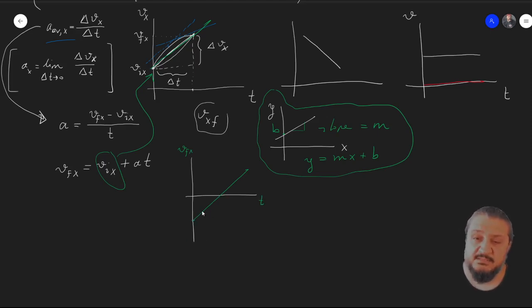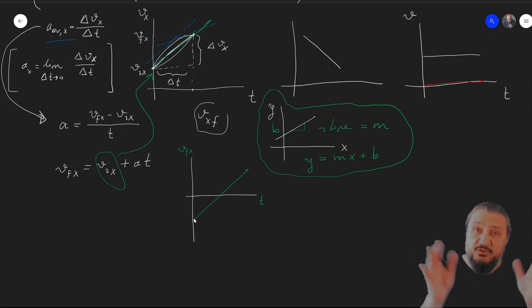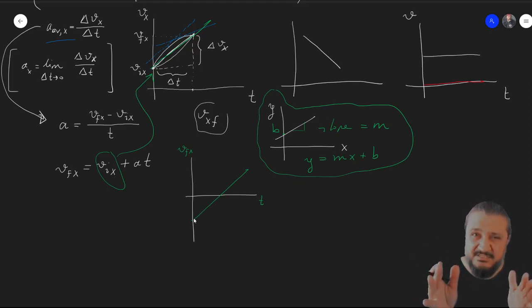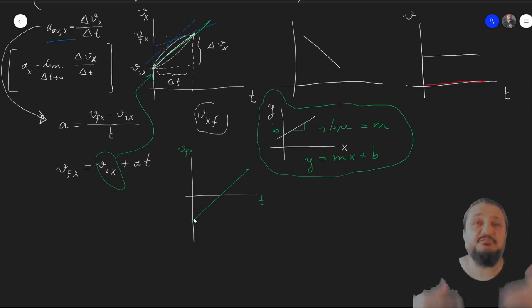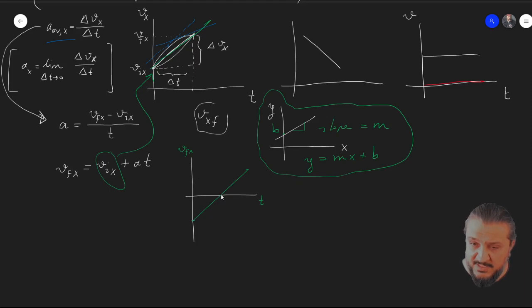So what's happening here? When you start your stopwatch, you were already moving in the negative x direction. That's what negative velocity means.